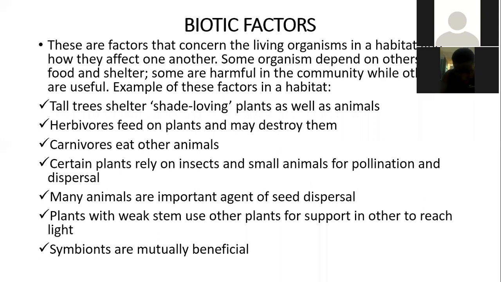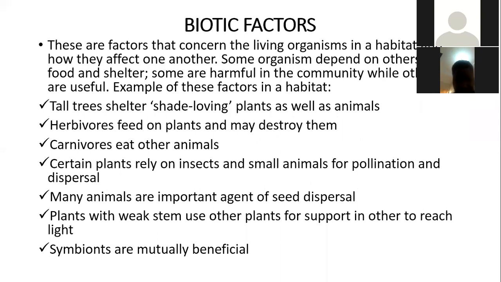I'll start by giving the examples. For herbivore, I gave goat as my first example. Then with a carnivore, I choose lion. So use the chat button and send me an example of a herbivore and one example of a carnivore.